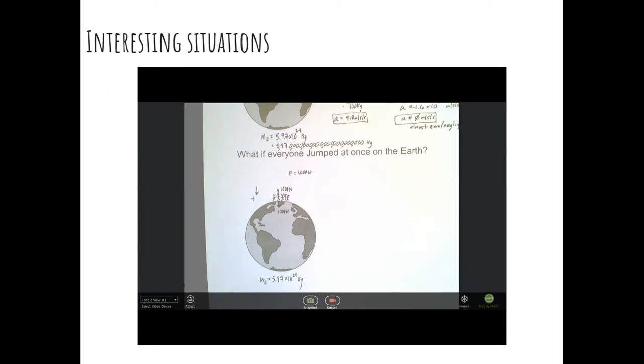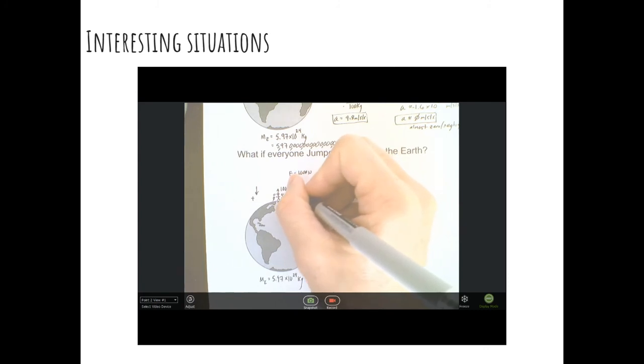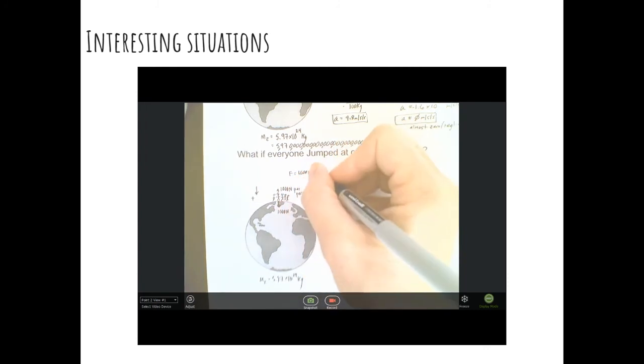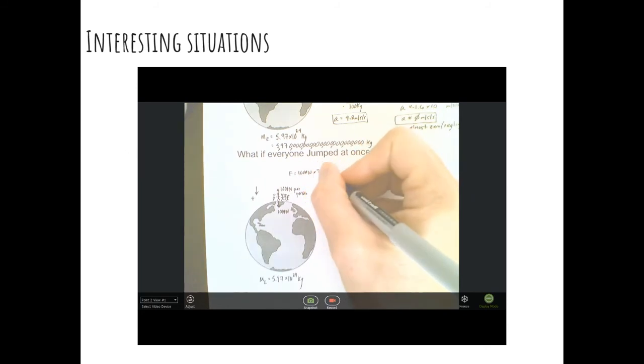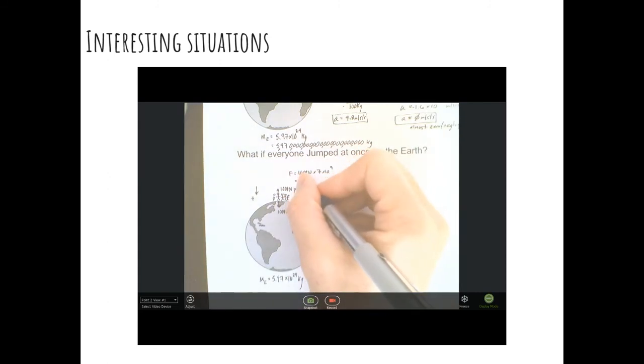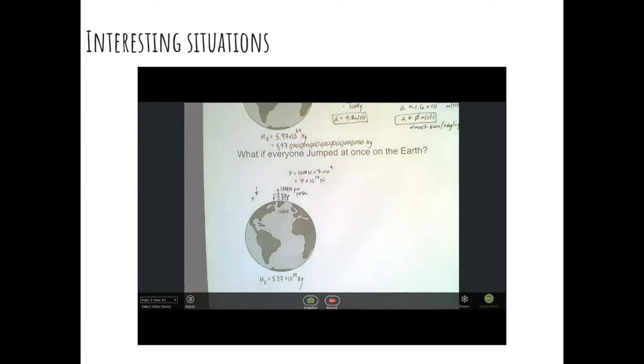So that means that the force that they would apply would be 1,000 newtons per person, assuming everyone's equally strong, times 7 times 10 to the 9. 7 billion times 1,000 is 7 times 10 to the 12 newtons of force. That's the total combined push-off force of the people.